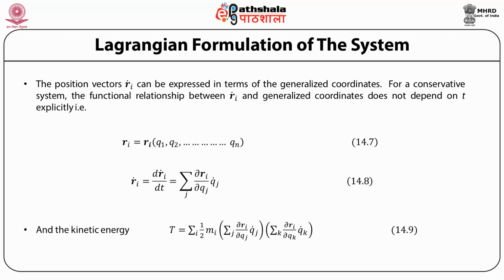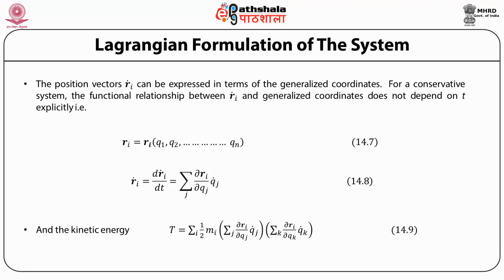Therefore, r_i is simply a function of q1, q2, ..., qn. From here, r_i dot can be written as the total derivative of r_i with respect to t, and by the chain rule, sigma over j of dr_i by dq_j times q_j dot.